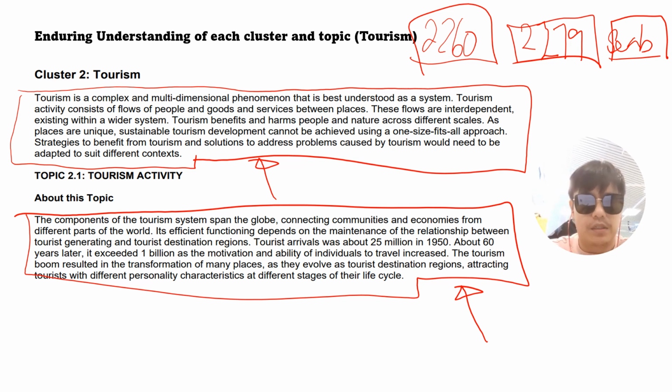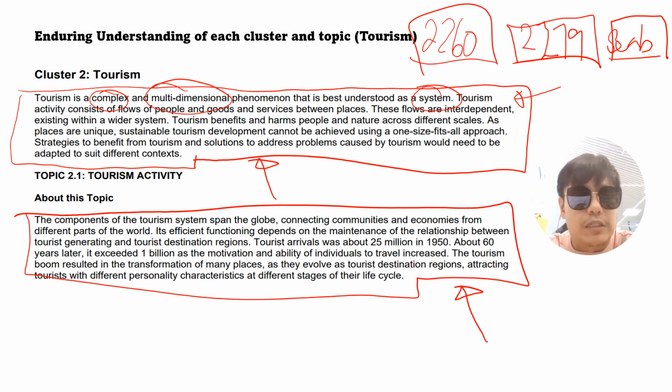For example, let's look at the tourism cluster enduring understanding. Firstly, you should understand that tourism is a complex and multi-dimensional phenomenon that is best understood as a system. Do you? Perhaps not now. Go and read through that document.